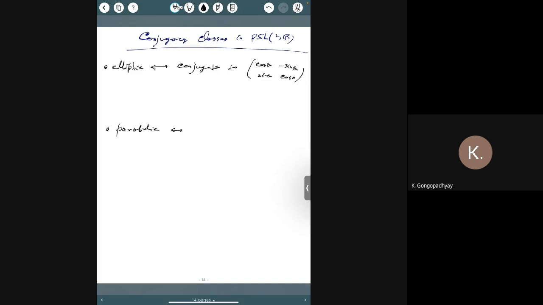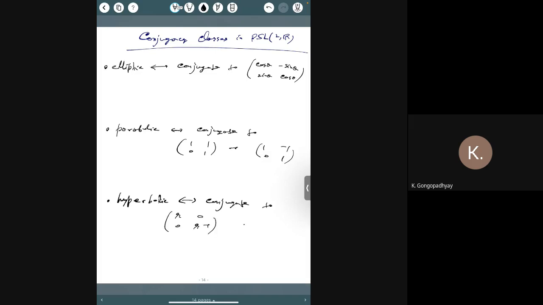Parabolic if and only if conjugate to (1 1; 0 1) or (1 -1; 0 1), and hyperbolic if and only if conjugate to (R 0; 0 R inverse).